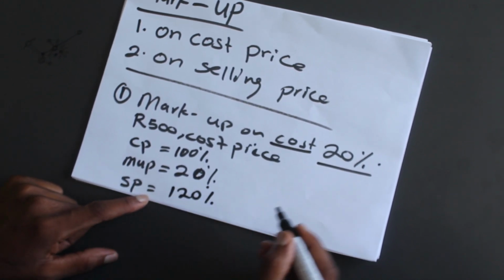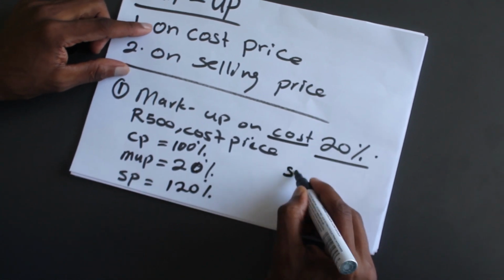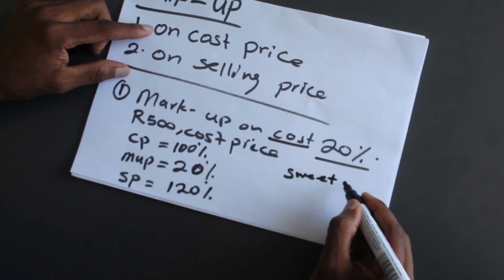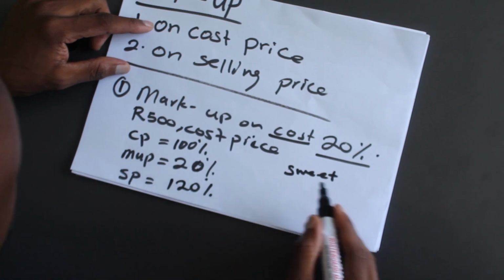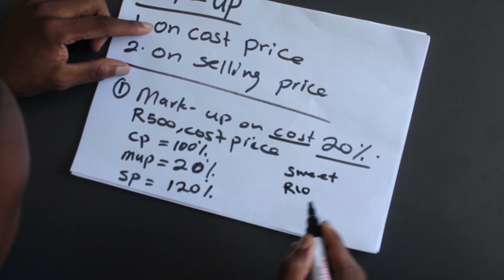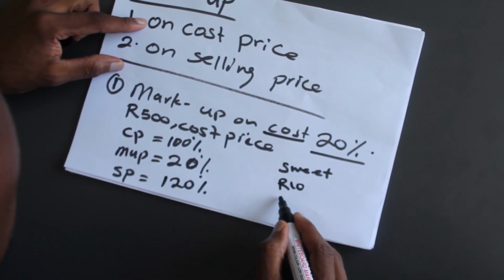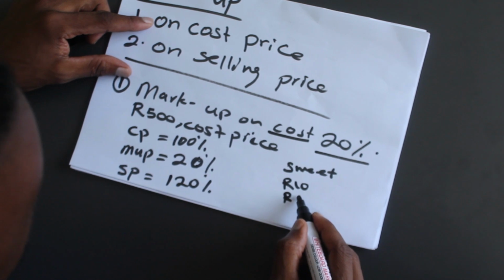Like for example, let's say you are selling sweets, and one sweet is 10 rand. And then you're going to add a profit of 5 rand.